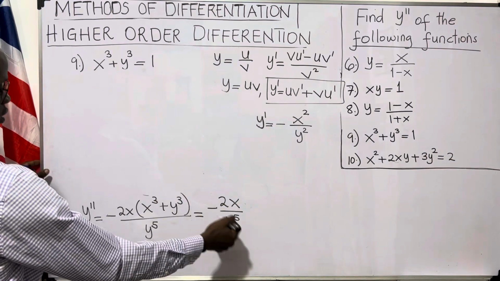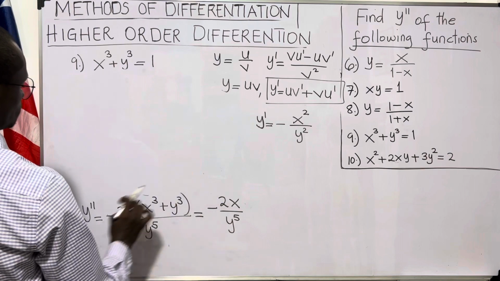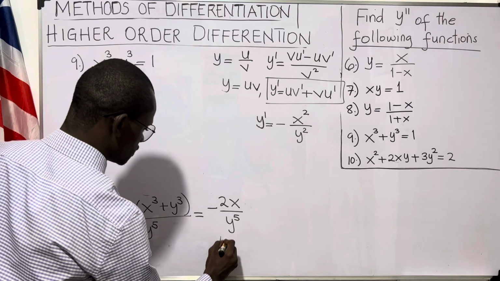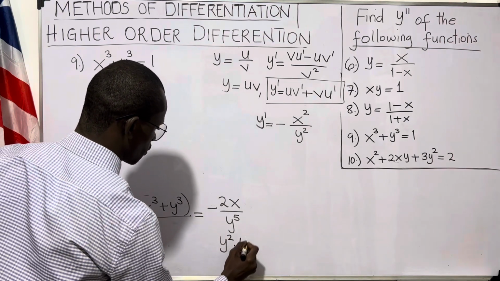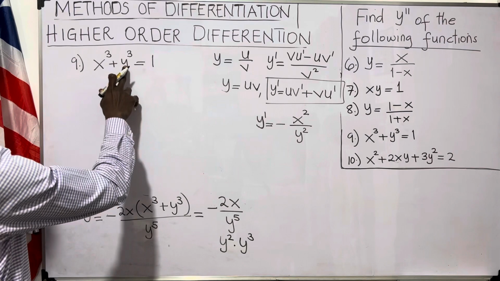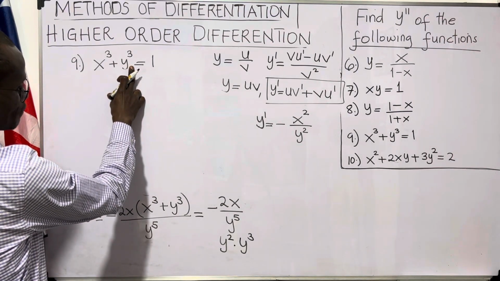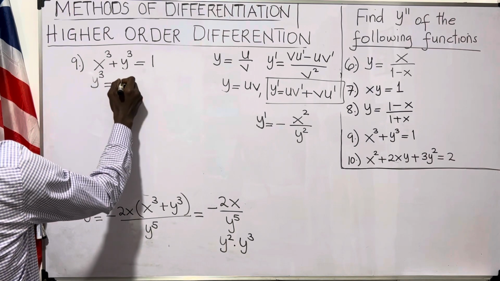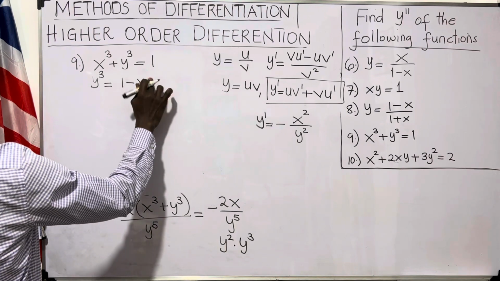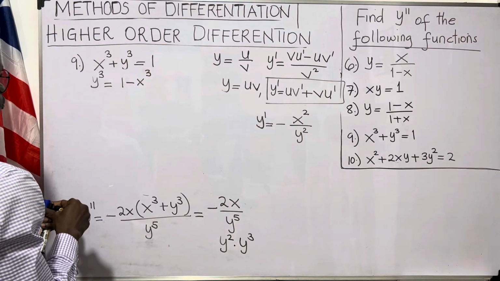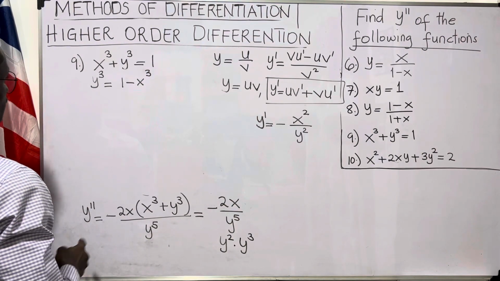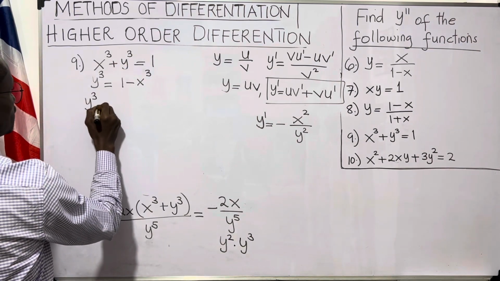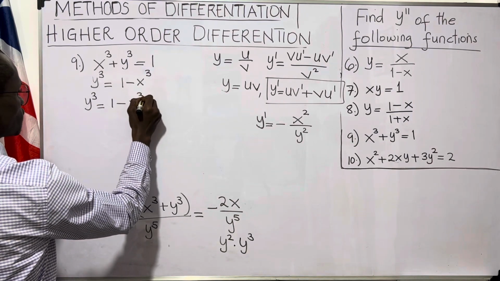But let's see whether we can rewrite it in terms of only x. So we can solve for this y to the 5th. But y to the 5th is y squared times y cubed. We already have y cubed right here, right? So we can say y cubed is just equal to 1 minus x cubed. That is y cubed. Next, we can find y squared. So we know that y cubed is equal to 1 minus x cubed.